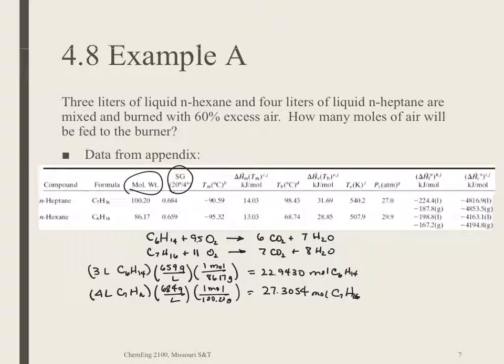Well, I'll need 9.5 times as much oxygen as there is C6H14, so 9.5 moles of O2 per 1 mole of C6H14, and 11 moles of oxygen per 1 mole of C7H16.